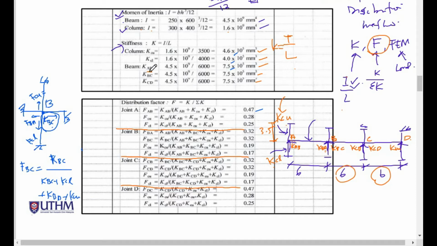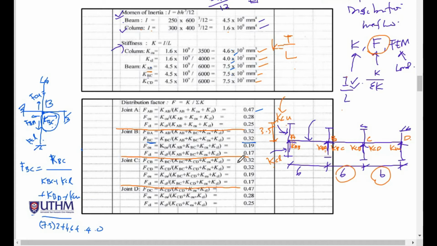So KBC is 7.5, KBA is 7.5 multiplied by 2, KCU is 4.6, and KCL is 4.0. Finally we get FBC here is equal to 0.32.